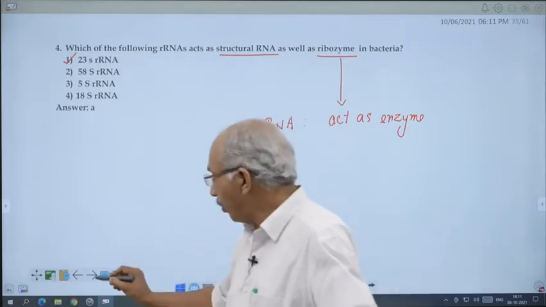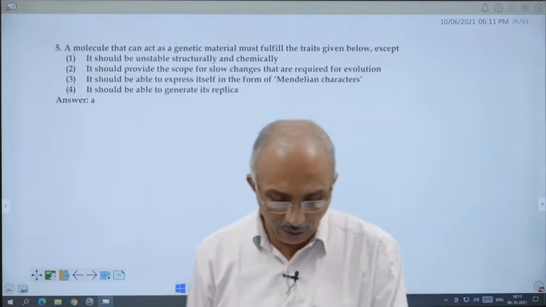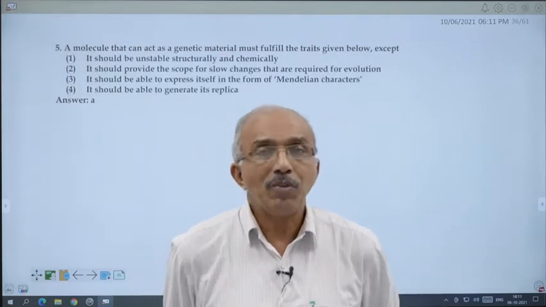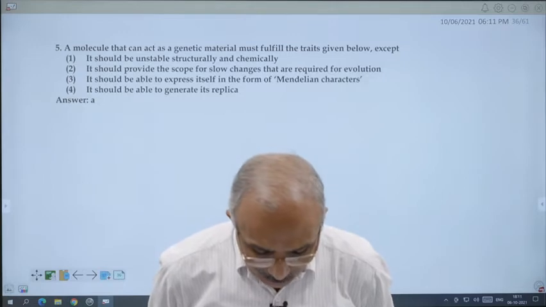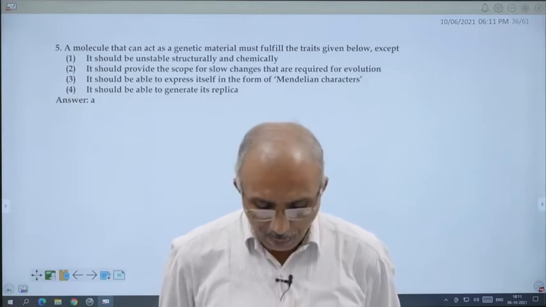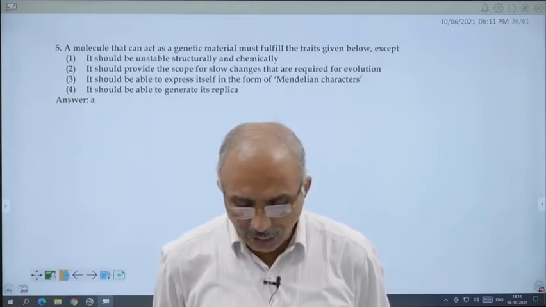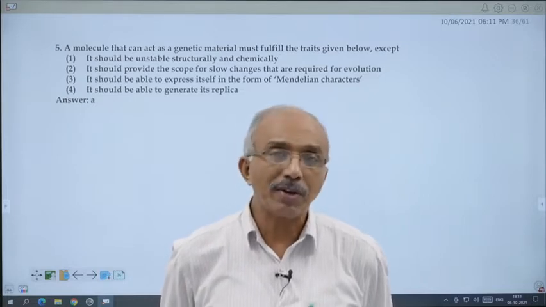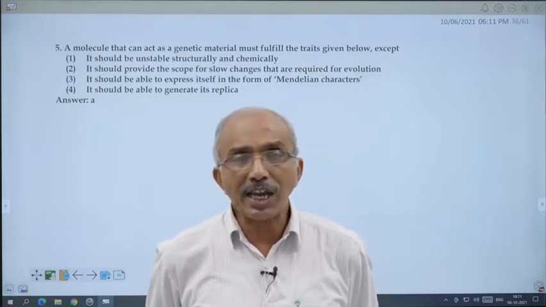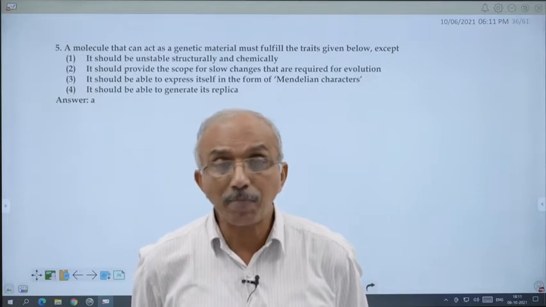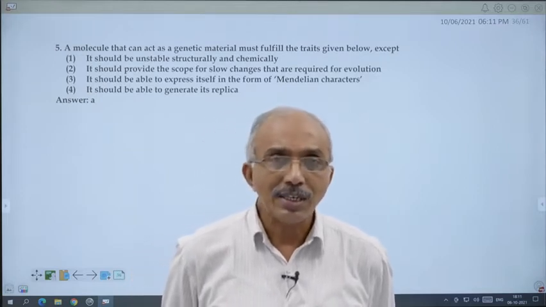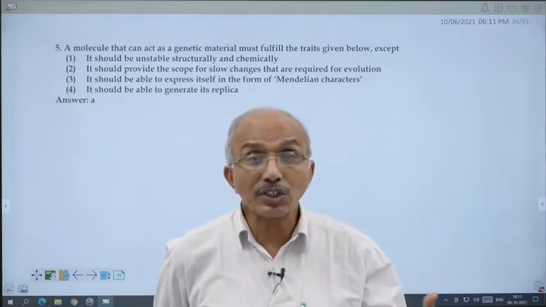Question number 5. The molecule which can act as a genetic material must fulfill the traits given below, except. Generally, if a question ends in except, that means we have to select a wrong statement.